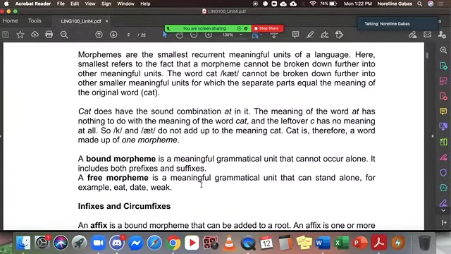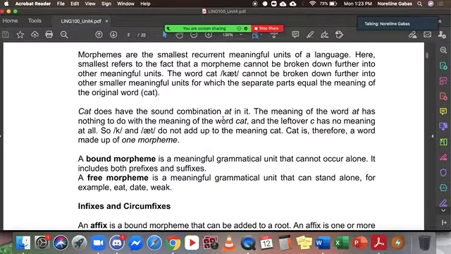Okay, may salitang at, pero it doesn't mean as a feline species anymore. Cat does have the sound combination AT in it. The meaning of the word AT has nothing to do with the meaning of the word cat.